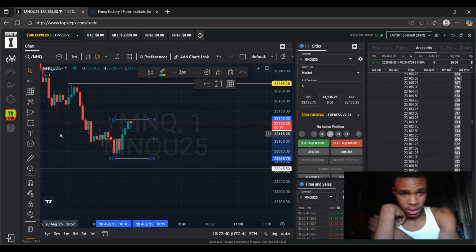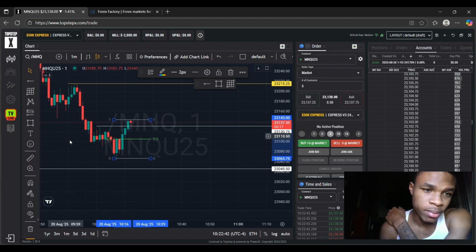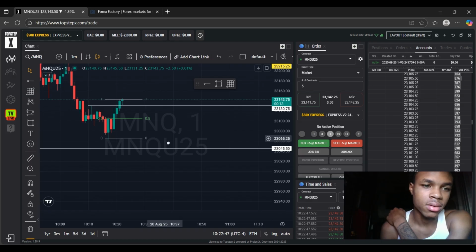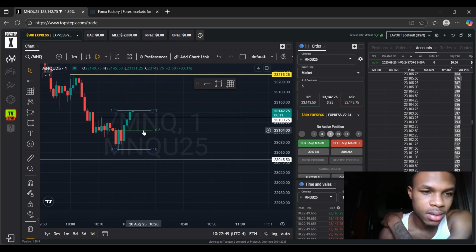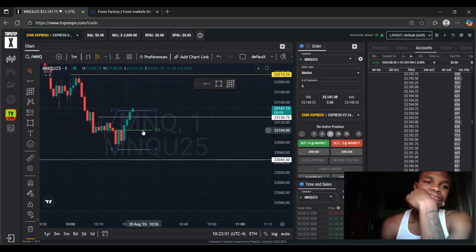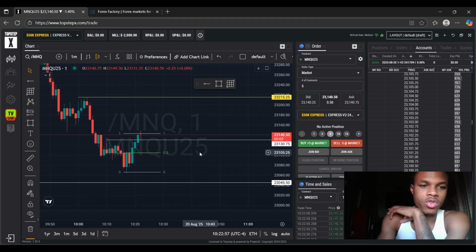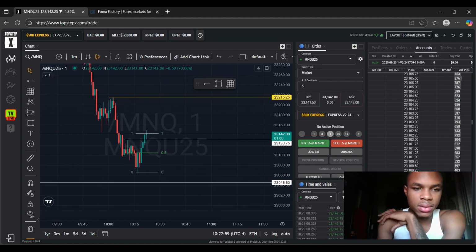What I really want to see is us come down, get a breaker structure to the downside, and I'll go short to here. But I doubt that's gonna happen. All right, we got that breaker structure to the upside. We're shifting trends, it looks like.